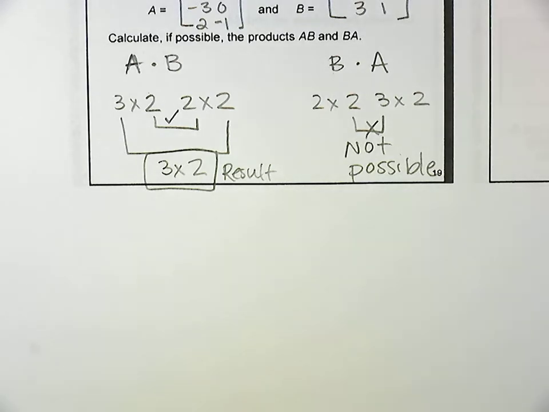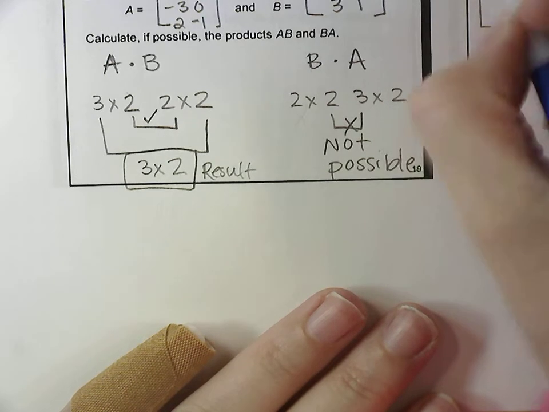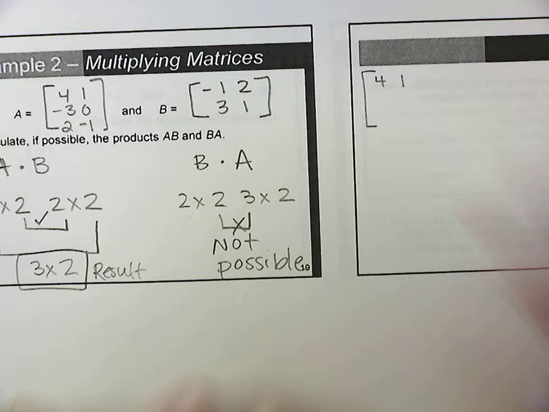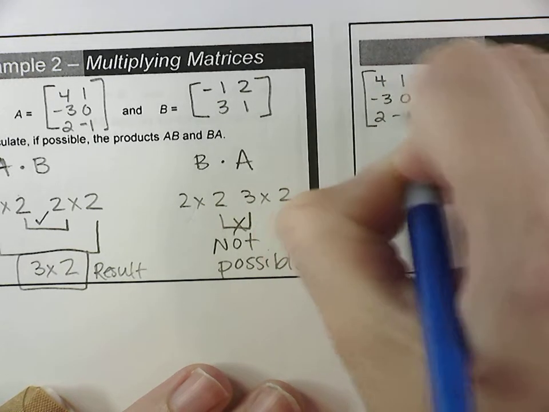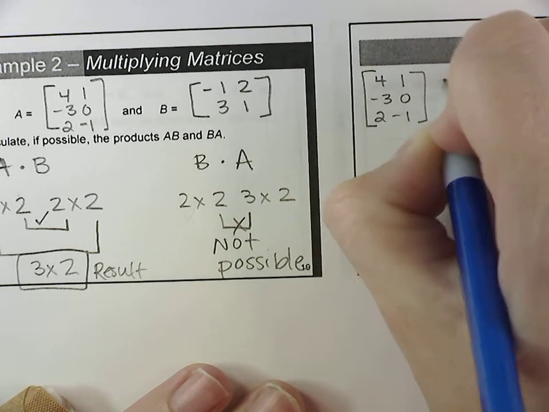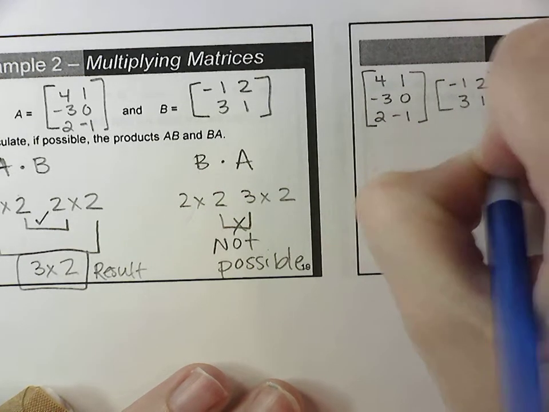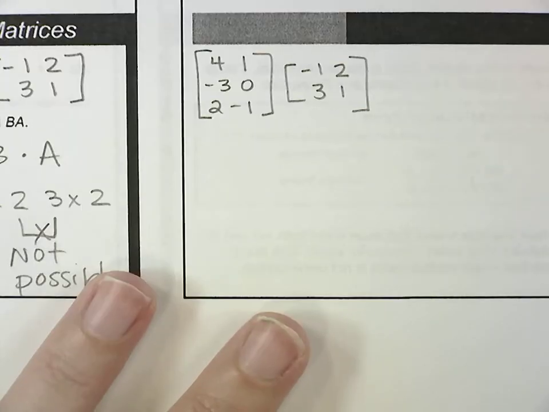Okay, so we're going to go ahead and do the one that is possible. So the first thing I do is I write out my matrices. So I have 4, 1, negative 3, 0, 2, negative 1, and then negative 1, 2, 3, 1.